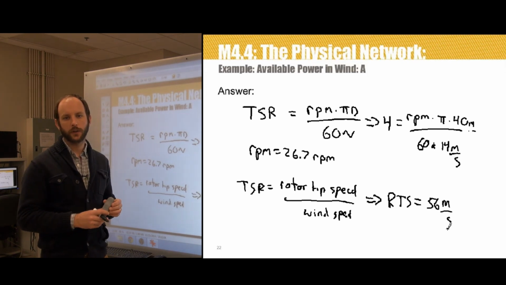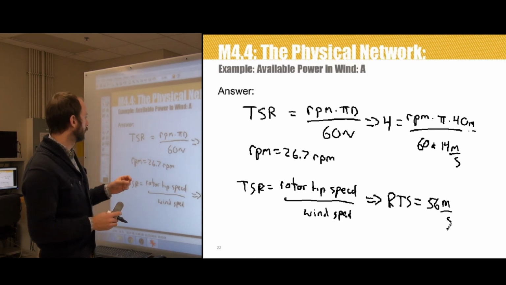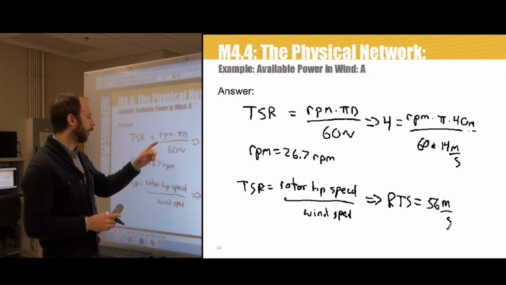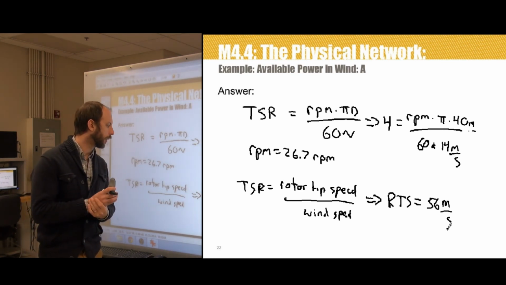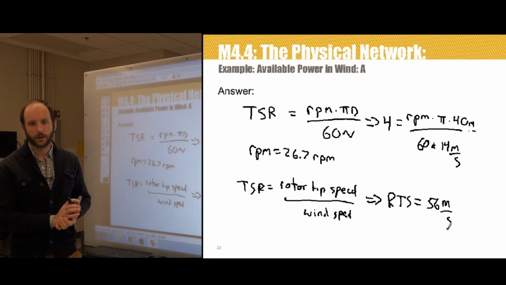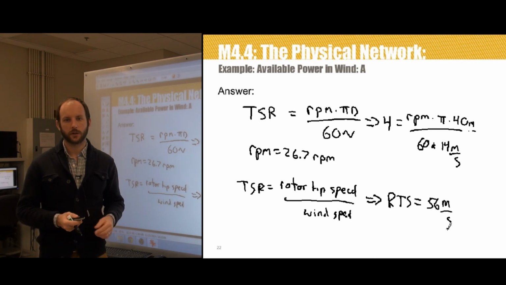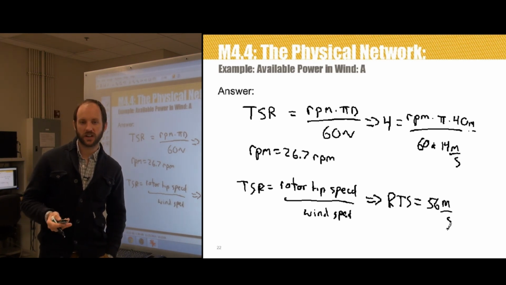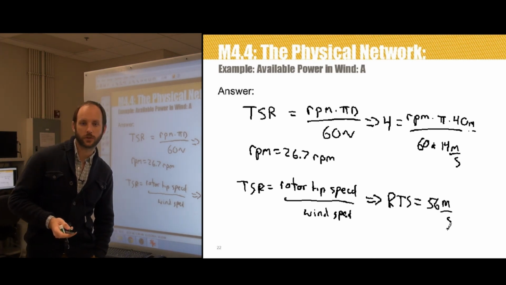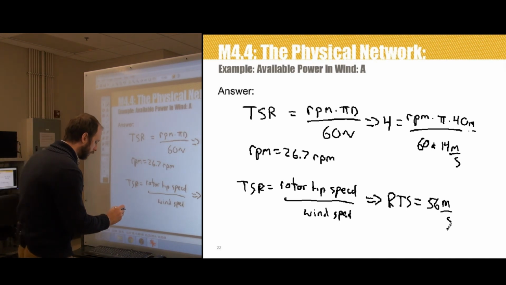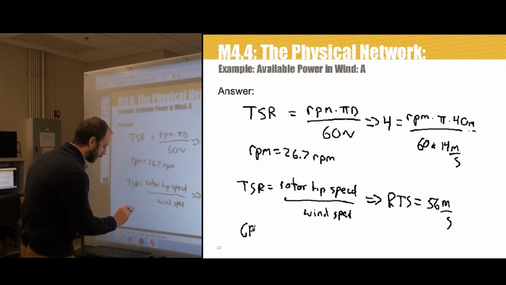So we've got an RPM of the rotor of 26.7 RPM. We need a generator that needs to turn at 1800 RPM, so what's the gear ratio? The gear ratio is just the ratio of the two speeds.